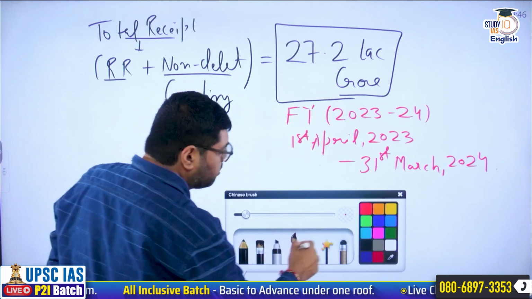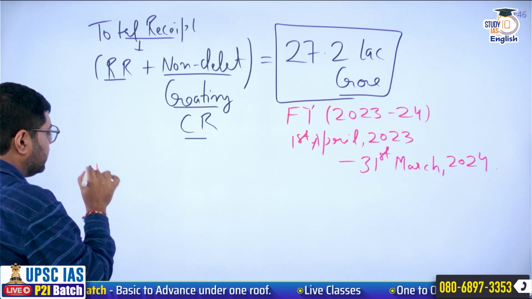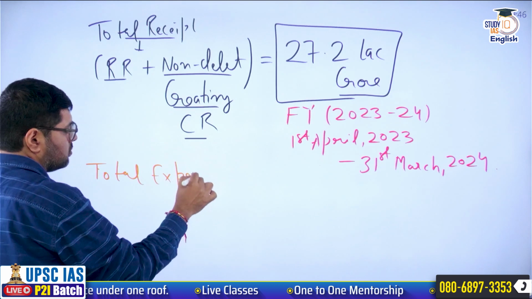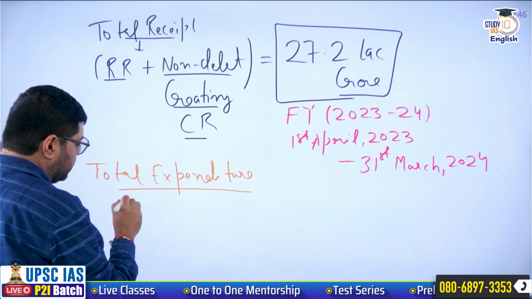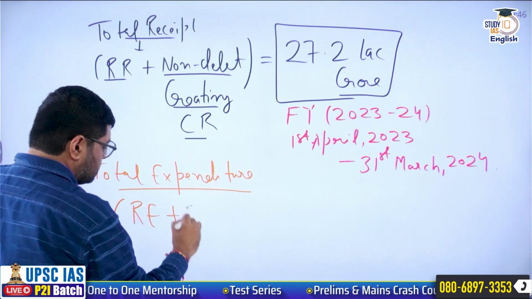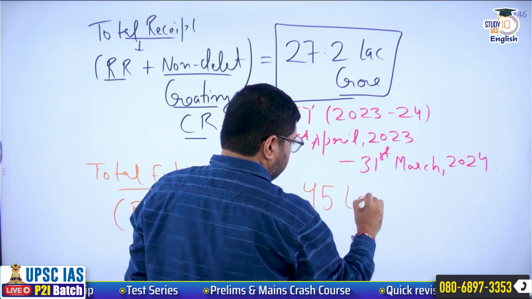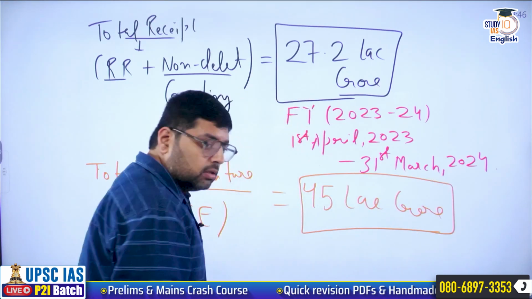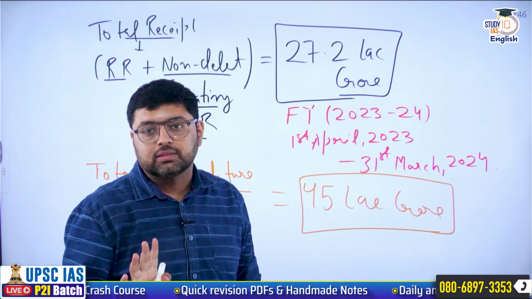But in the same time period, the government's total expenditure, that is revenue expenditure plus capital expenditure, is 45 lakh crore. As a responsible citizen of the country, you must know about these numbers.